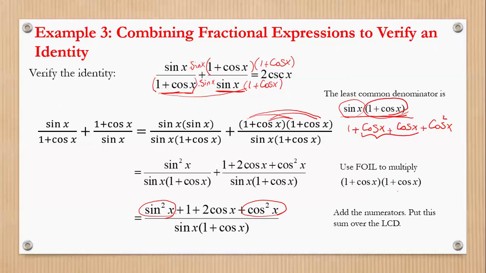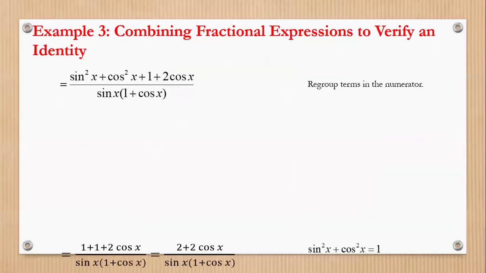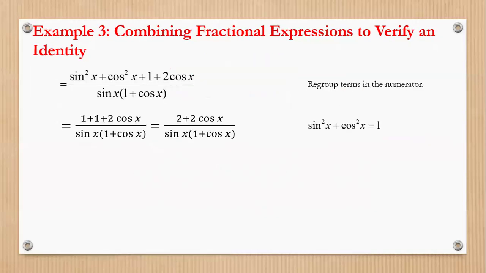So you can remove these two and just put 1. So we will have 1 plus 2 cosine. So replace these with 1. And now you have 1 plus 1 plus 2 cosine, and 1 plus 1, you can combine like terms. It gives you 2 plus 2 cosine in the numerator.